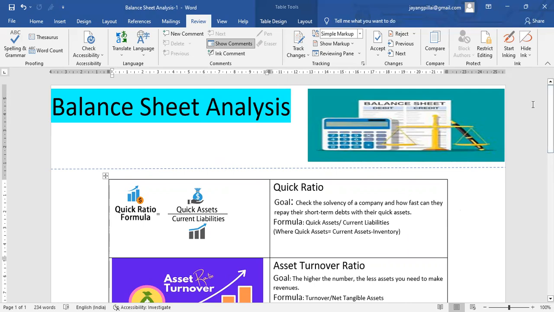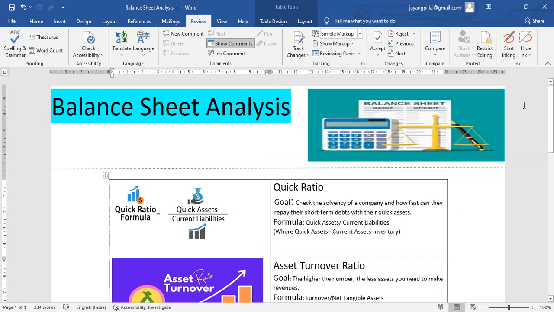But these are some of the important ratios which can be relied upon by anybody who wants to analyze the balance sheet of a particular business organization.